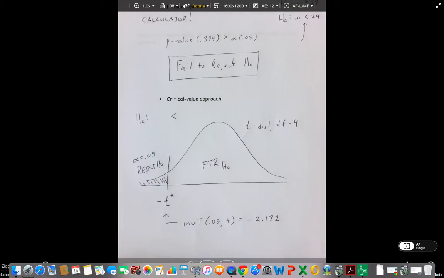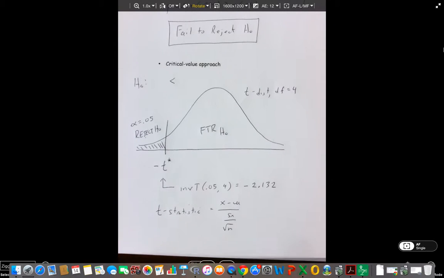Well, our test statistic doesn't change, because your test statistic is this, and we saw earlier that it was negative 0.272.